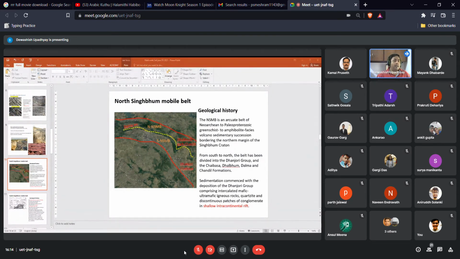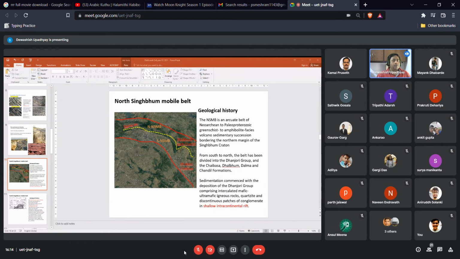There are several active uranium mines. For example, you might have heard of Jaduguda, Narwa Pahad, Bhatin, and so on. These are active uranium mines all along this shear zone, at several places. So that is why it's important.